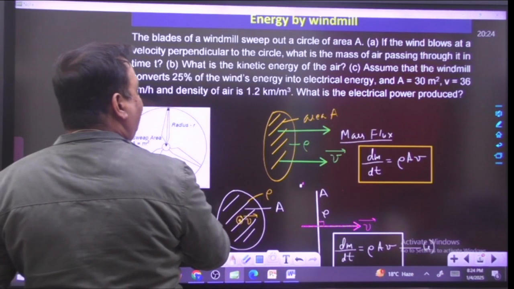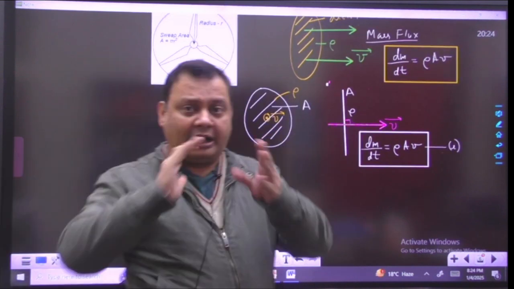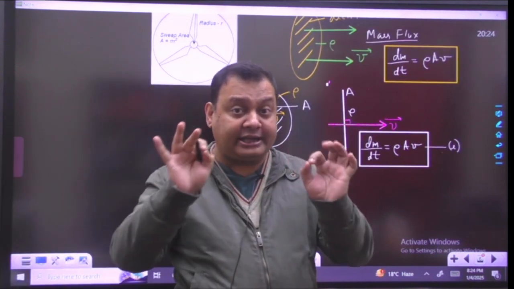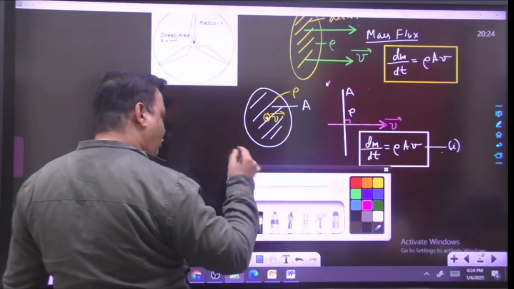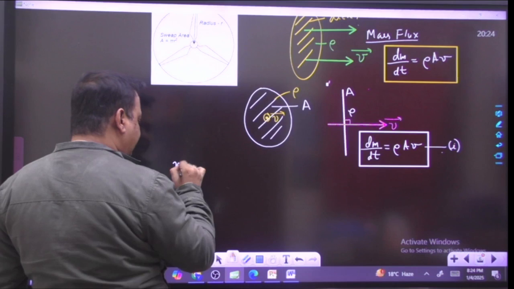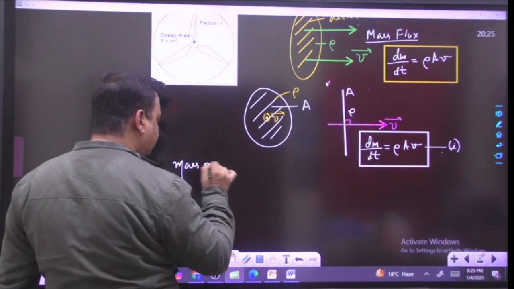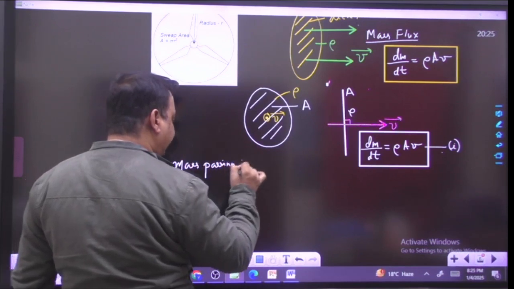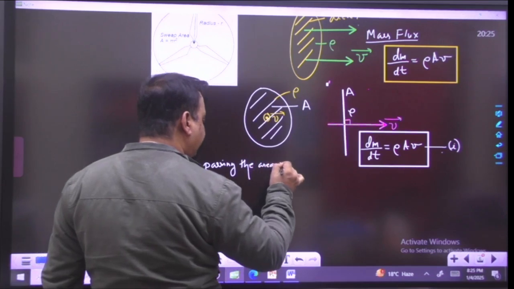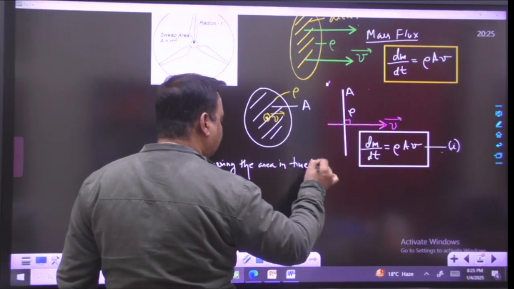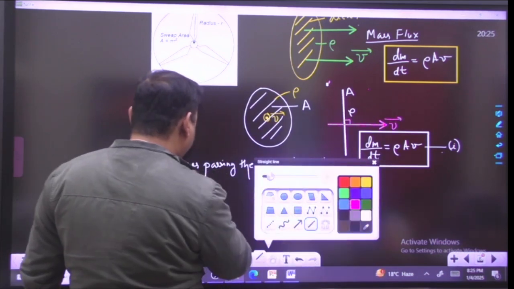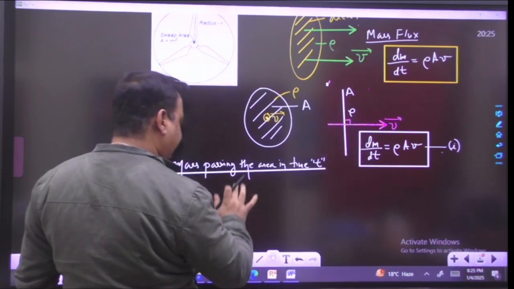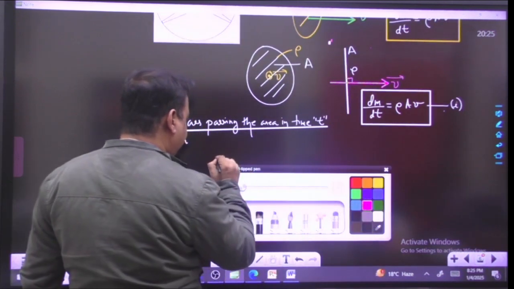Now what is the mass of air passing through it in a time t? Now you have to find the mass of air passing through the circular area in a time t. That is very straightforward. This is giving you the mass crossing the area in unit time. So we can write the mass passing the area in time t. So what do you think this mass will be?